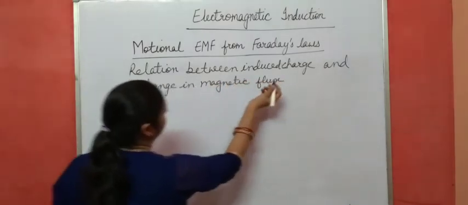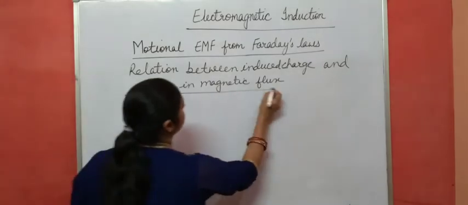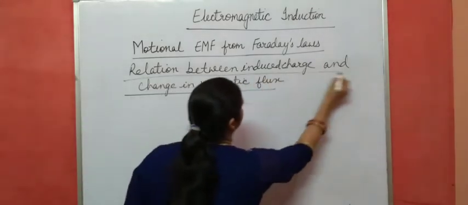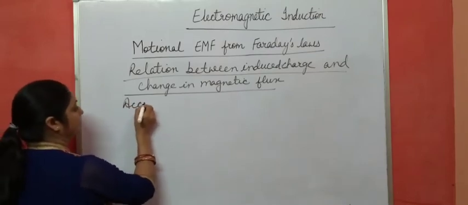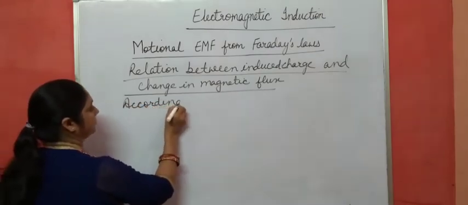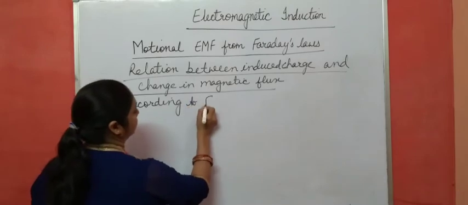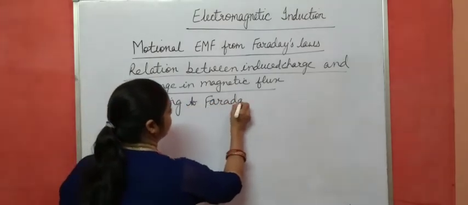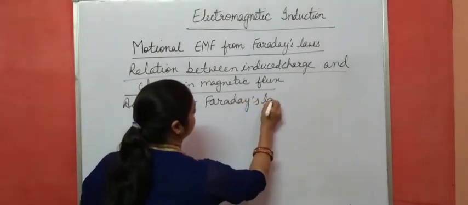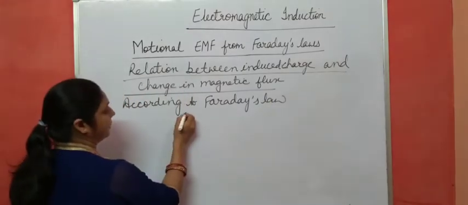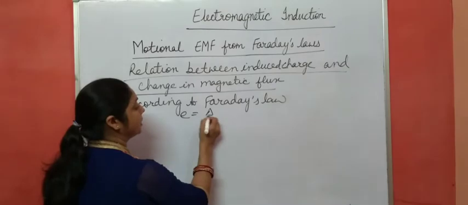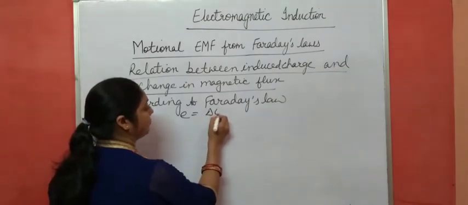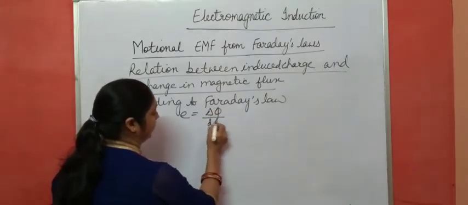How is induced charge dependent on change in magnetic flux? We know that according to Faraday's law, the EMF developed across the ends of the conductor is the rate of change of magnetic flux, del phi by del t.